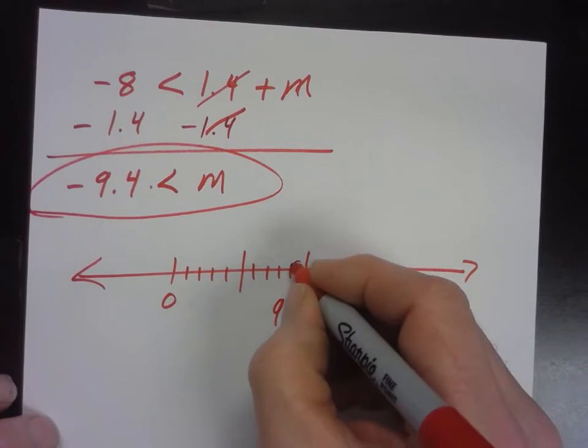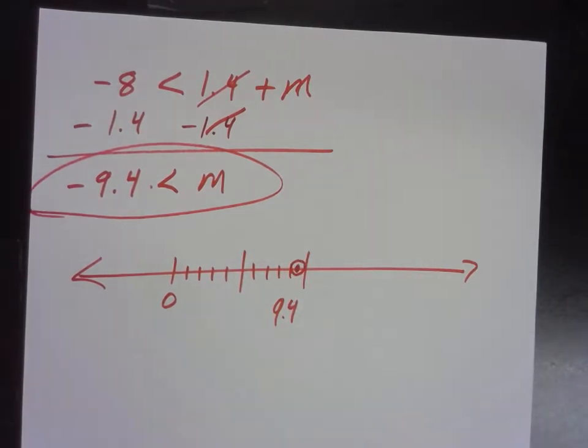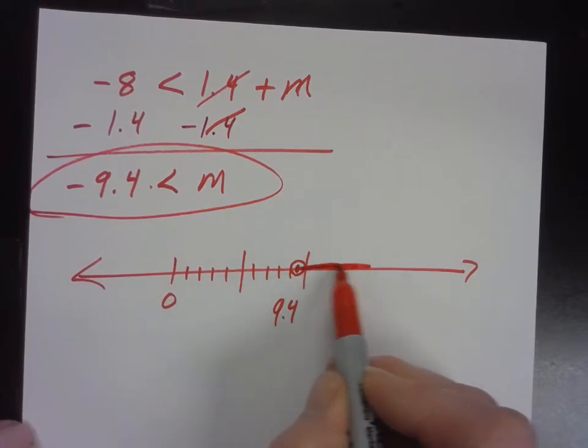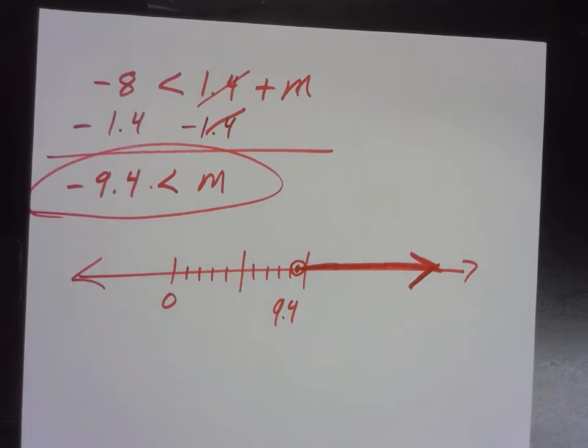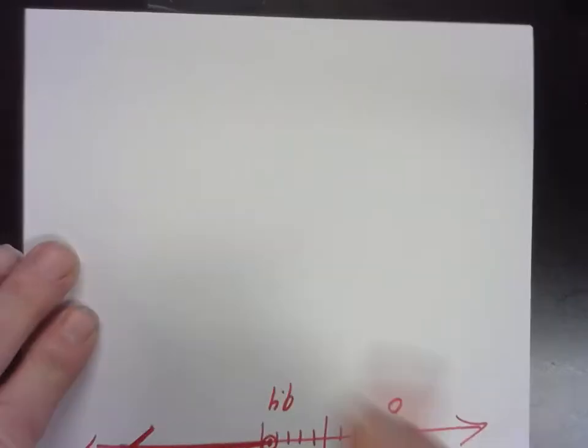Up the number line, down the number line. Up, greater than, yeah. So up the number line. That's it. One more little step than you've been doing before, right? So you just have to solve the inequality, put it on a graph. On some of them, you don't even have to do that on today's assignment.